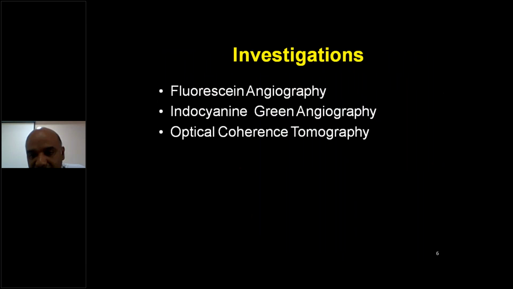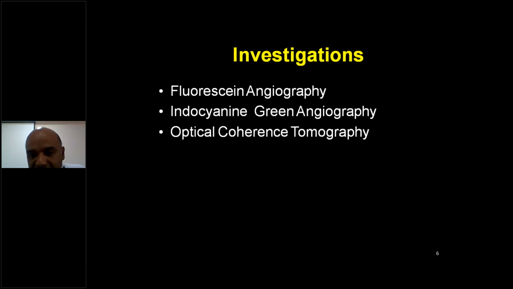What are the investigations? How do you go about investigating a case of AMD? We have to see the retina first. Obviously, you have to perform the normal ophthalmological examination, check the visual acuity, and see if it is not improving with best corrected glasses. If the vision is not improving, then you dilate the patient's eye and examine the fundus.